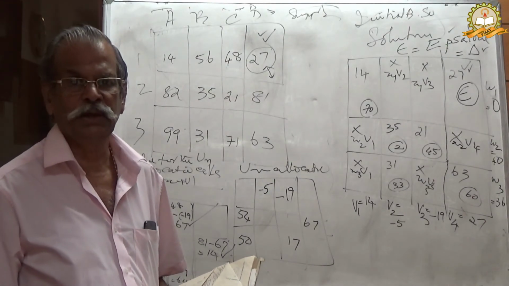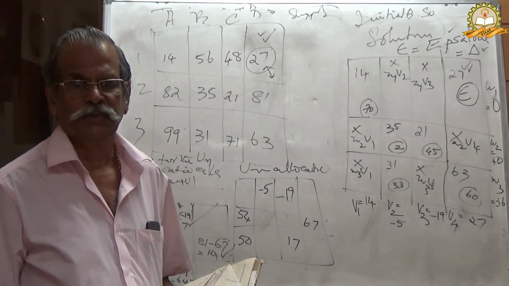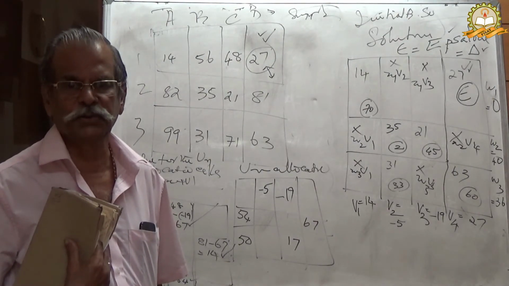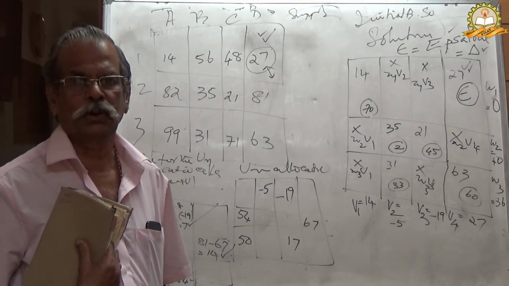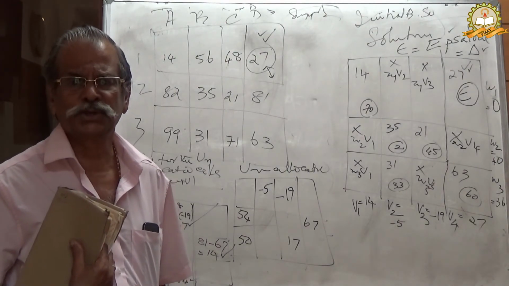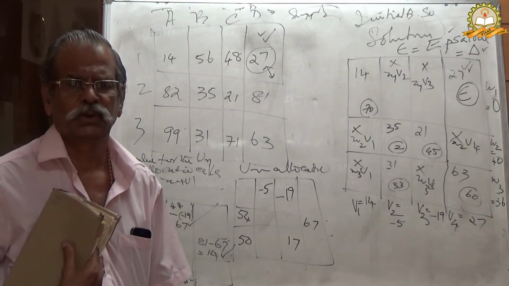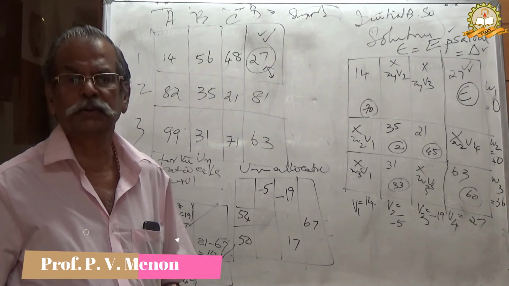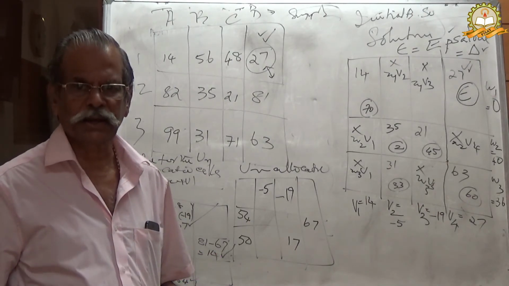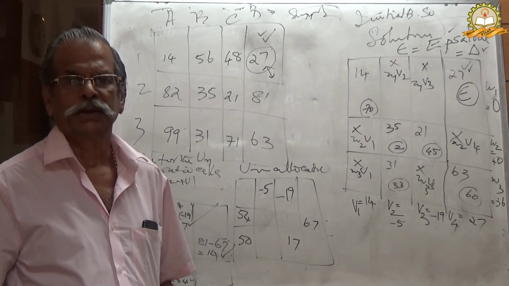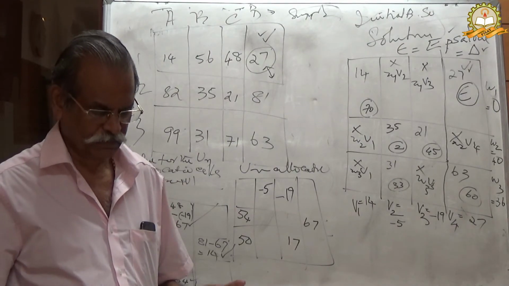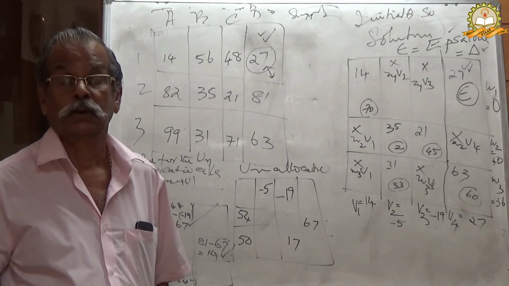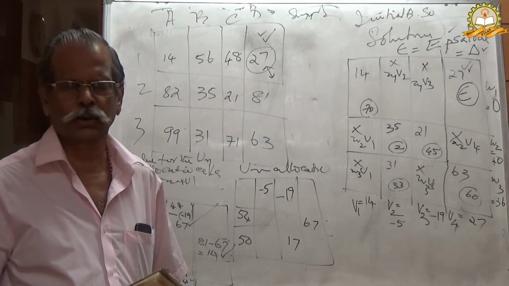Therefore, you have a dummy column or row being substituted with 0 cell values. And I have given you two questions, one under dummy column calculation and the other one under row dummy calculation.